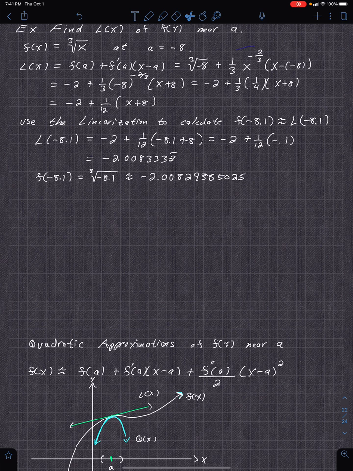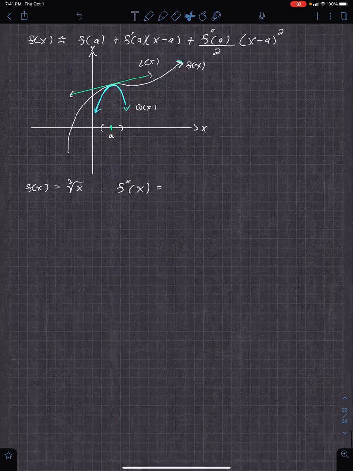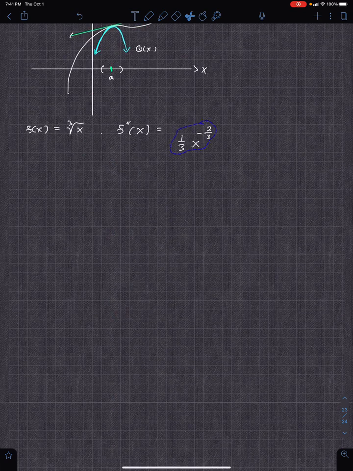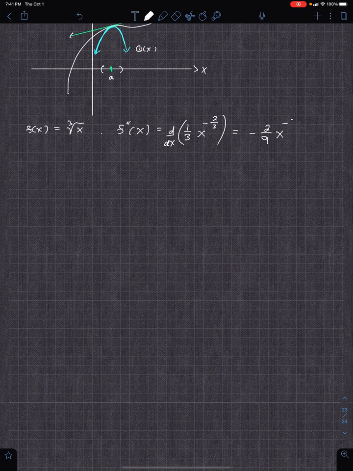Here it is. Okay, so there's f prime. So we're going to take that derivative. Okay, so we'll just say d dx of that. So that derivative is negative 2/9.